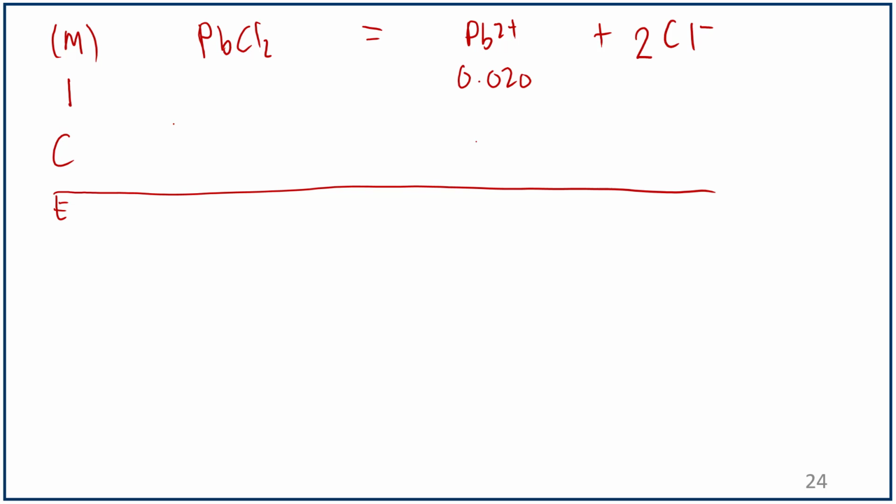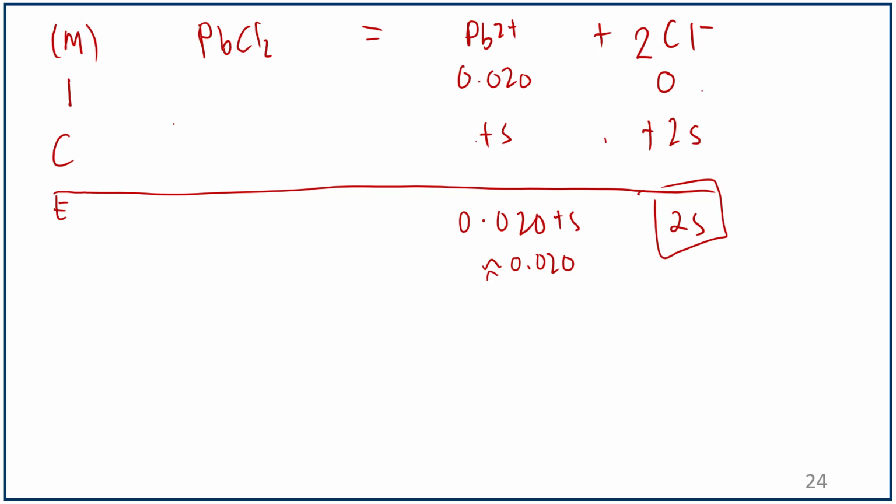And we begin with no chloride ions. The change will be plus S for lead, and plus 2S for chloride. And this will be 0.020 plus S, and this will be 2S at equilibrium. So again, we can assume that this is just 0.020. And we just need to solve for 2S.